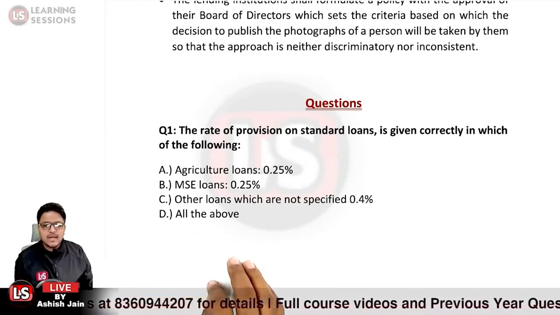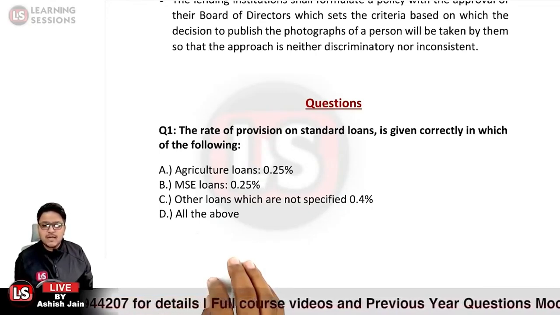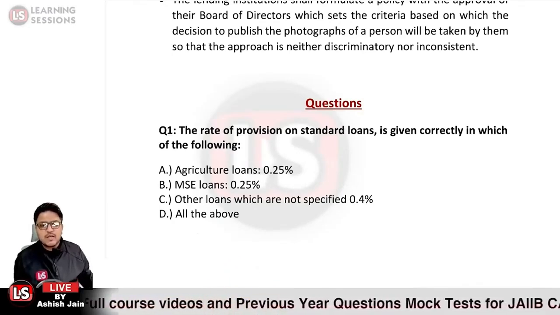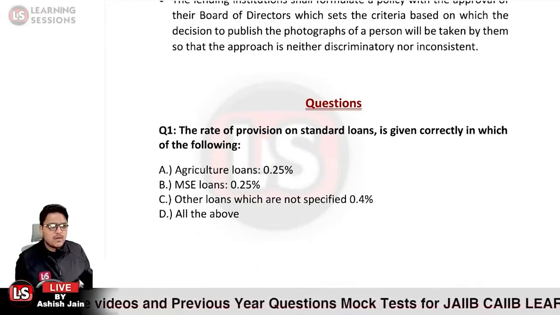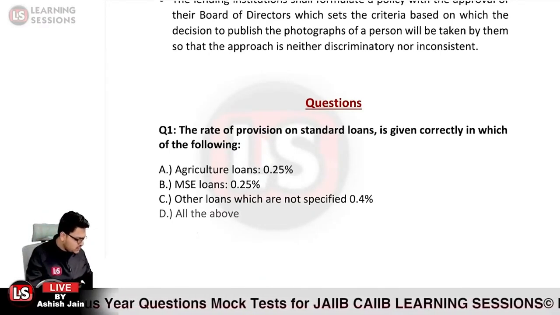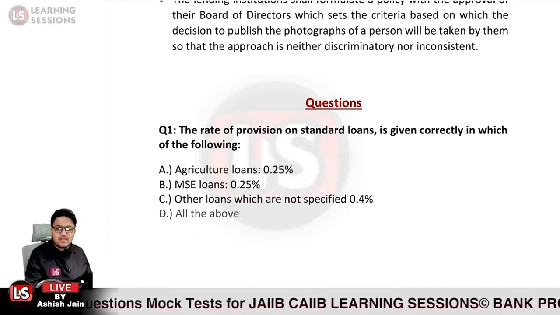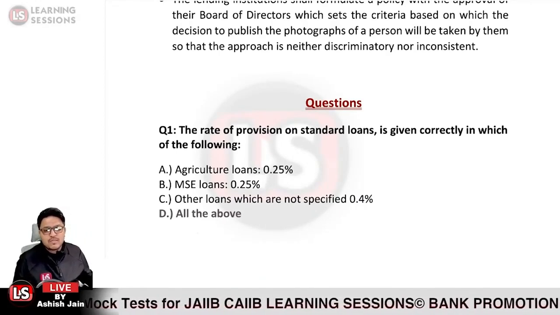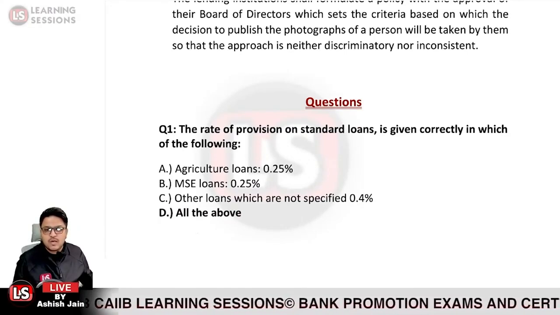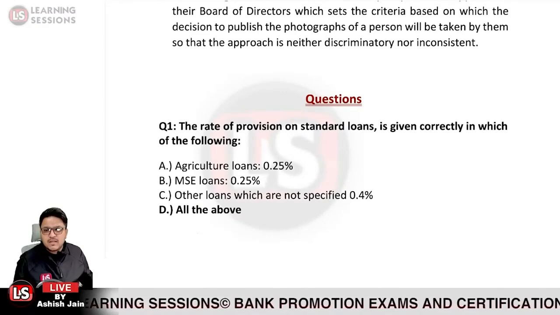What would be the right answer here? The right answer is option D, all of the above. We already know that for agriculture loans it is 0.25%, for MSME loans it is 0.25%, and for all other loans which are not specified it is 0.4%. So option D is the right answer.